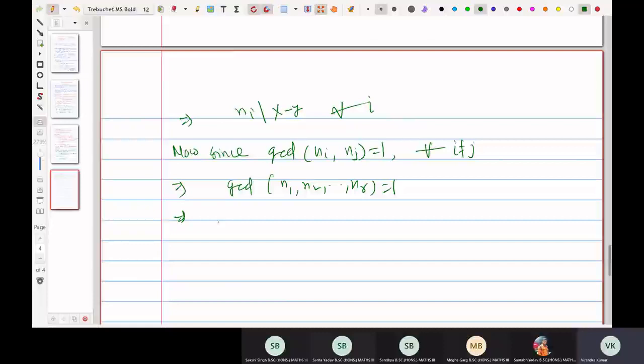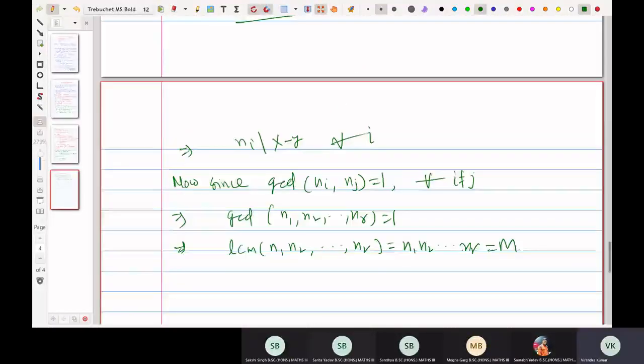And by using the relation between greatest common divisor and least common multiple, because the greatest common divisor becomes 1, the LCM of N1, N2, up to Nr is going to be N1 times N2 times up to Nr, and this is nothing but M.